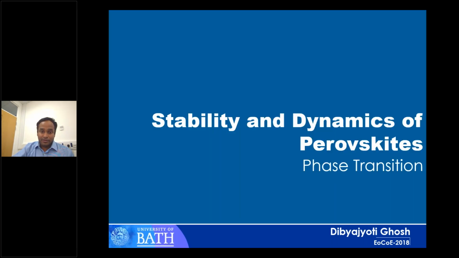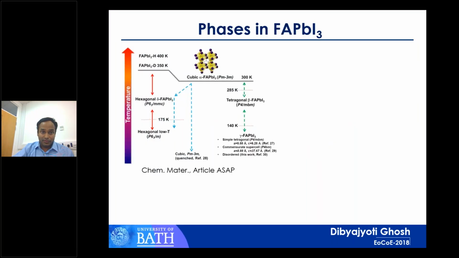Coming to the second topic, which is dealing with the phase transition. We look into the formamidinium lead iodide phases, and we found that depending on the temperature and how you are treating your sample, you can have different types of phases. You can have hexagonal phases, which is the yellow phase as it's called, and it's not photoactive.